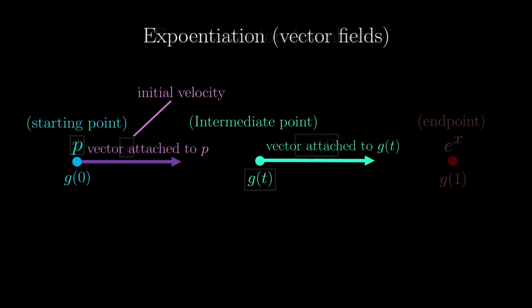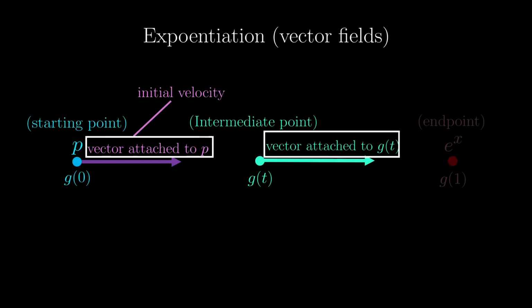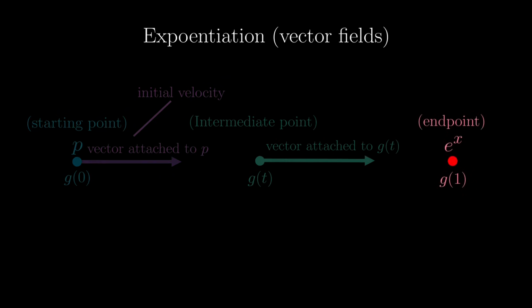So, in the vector field's case, both setups should be similar, which would be that both velocities are vectors attached to the current position. And again, the endpoint of this journey, after 1 unit of time has passed, would be the exponential of the vector field acting on p.